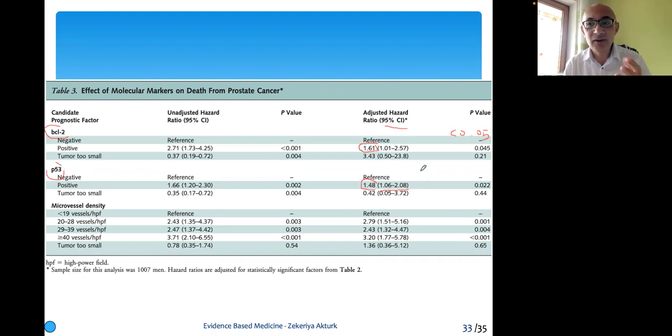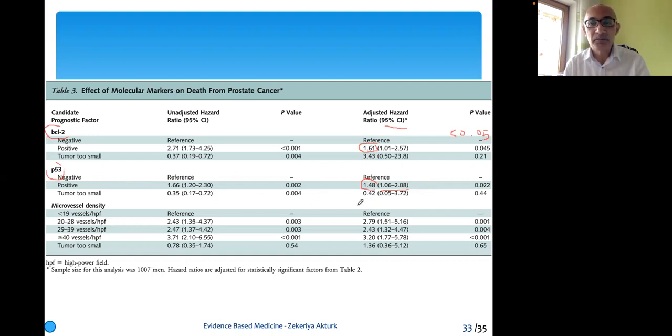So we cannot claim a very precise measurement. And on the other hand, the hazard ratio is not that high. It is 1.6 for the BCL2 and 1.4 or 5 for the P53.